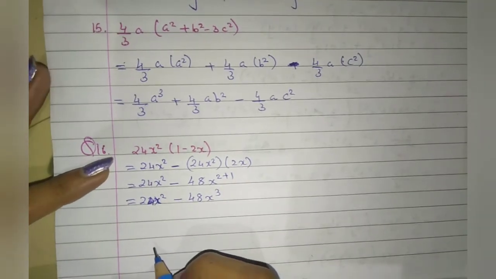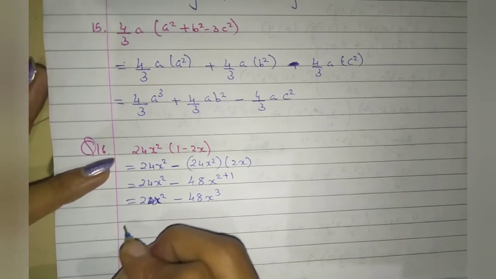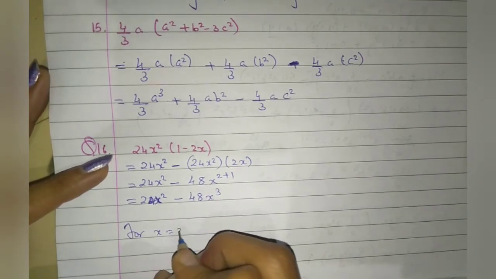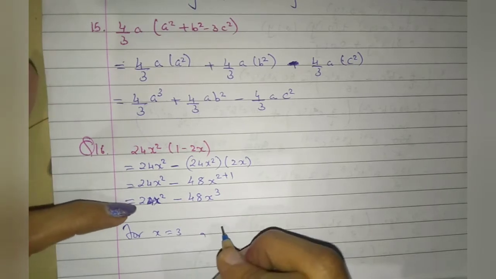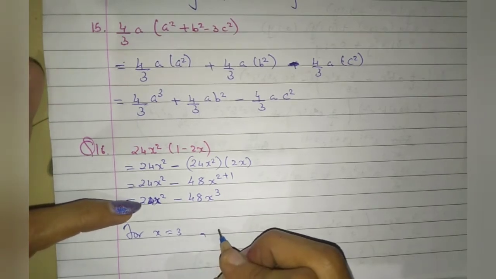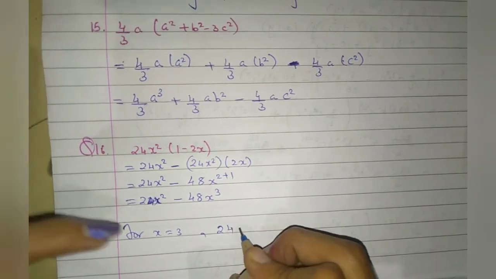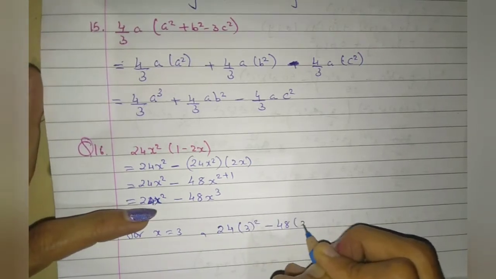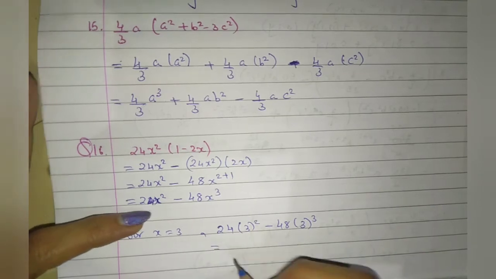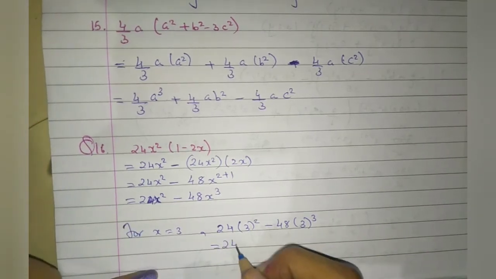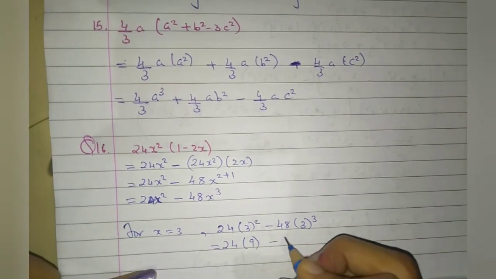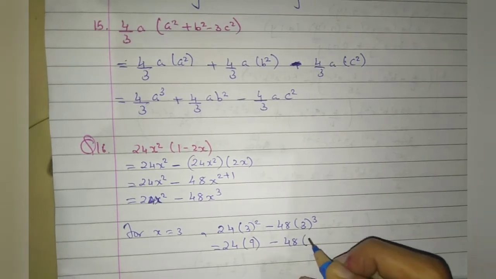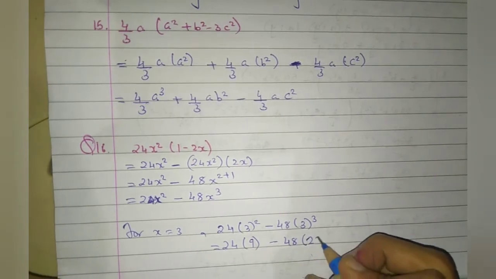Now what we have to do, the value is for x equal to 3. Now instead of x we have to put x equal to 3, which is 24 into 3² minus 48 into 3³, which is equal to 24, 3 3s are 9, minus 48, 3 3s are 9, 9 3s are 27.